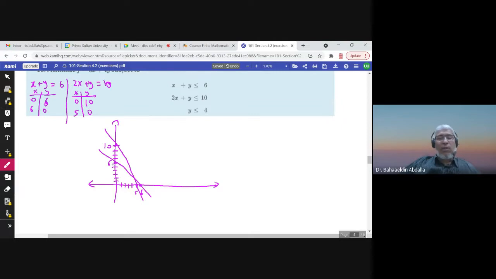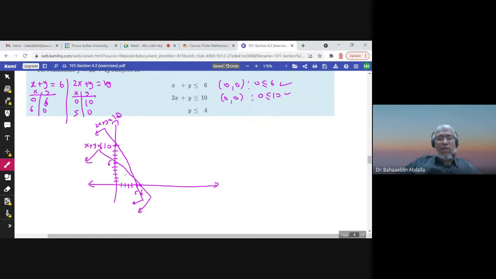Now, if I replace x and y by 0, 0, I get 0 less than or equal to 6. Where is this line? It is here, x plus y is 6. This line is 2x plus y is 10. So this is correct. It goes down. And at (0, 0), 0 is less than or equal to 10. That's also correct. So the graph is here.